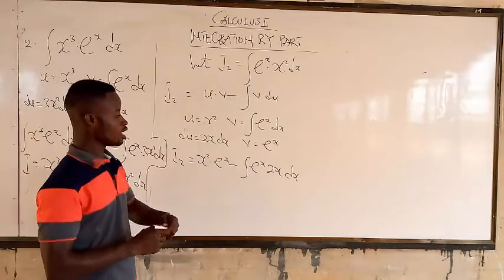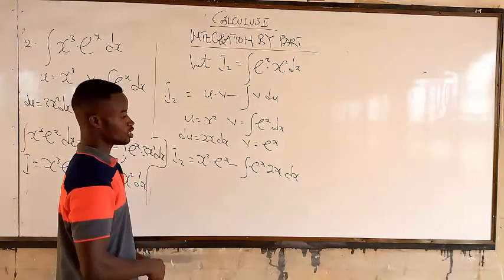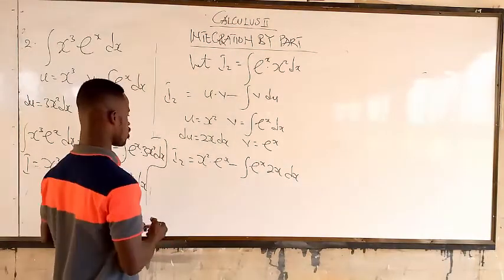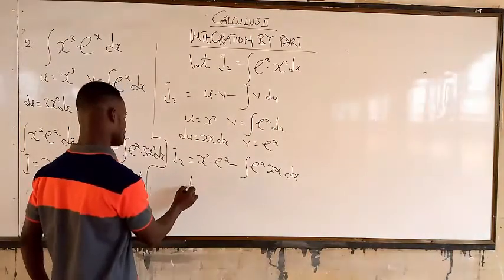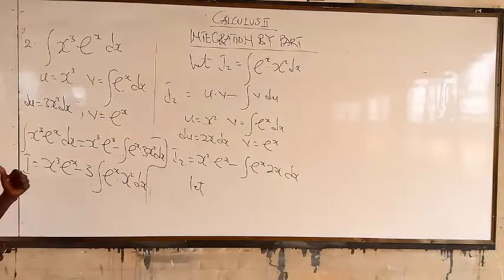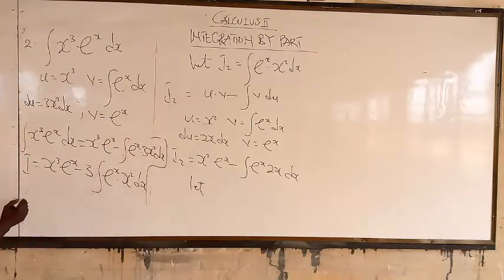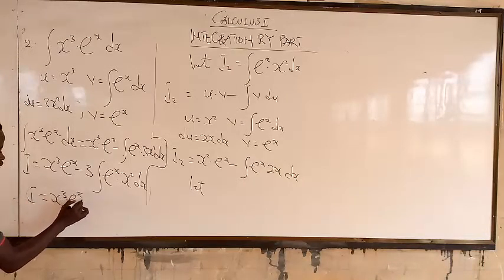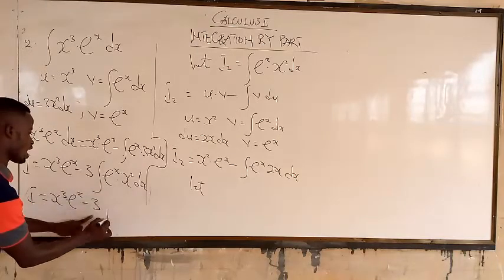Wow! There's a repetition again. You see there's a repetition again? Alright, so let's move on again. And when you are doing that, don't forget your back. What we have here is I is equal to s to the power 3 e raised to the power s minus 3. And this represents what?